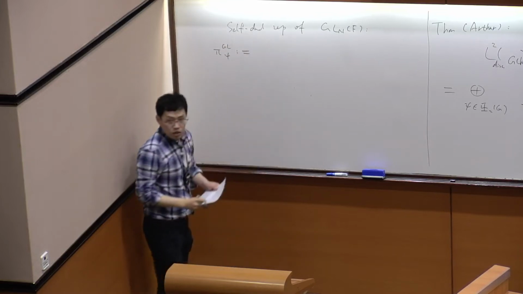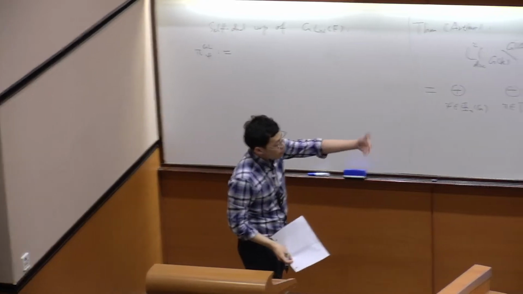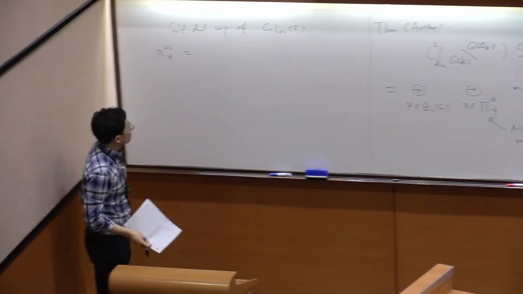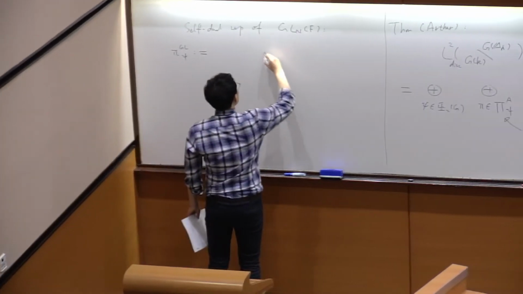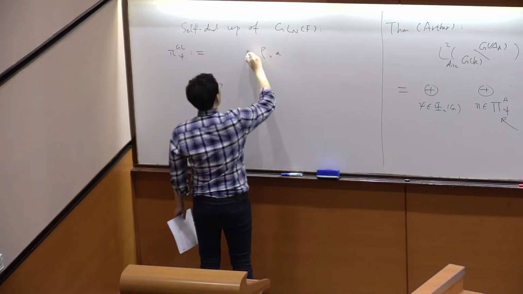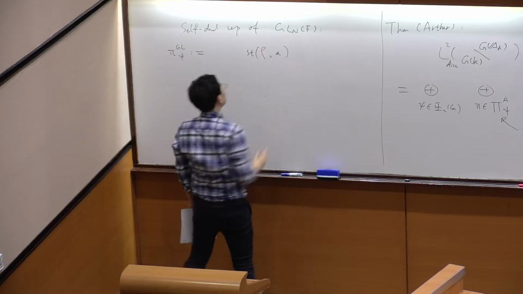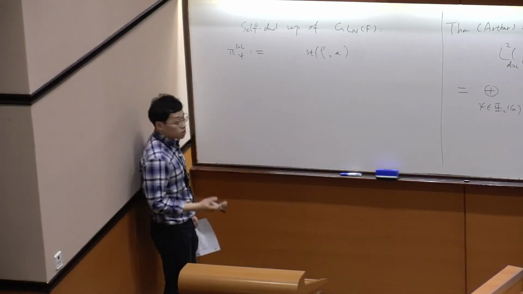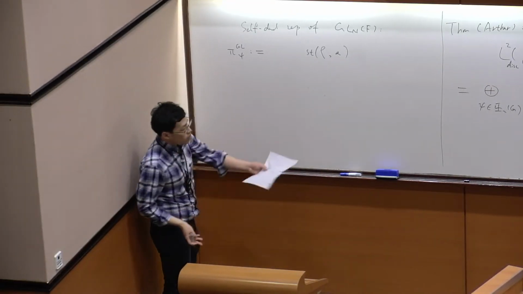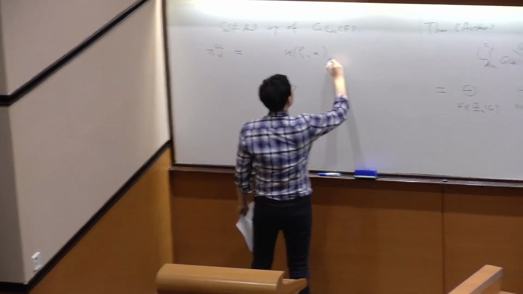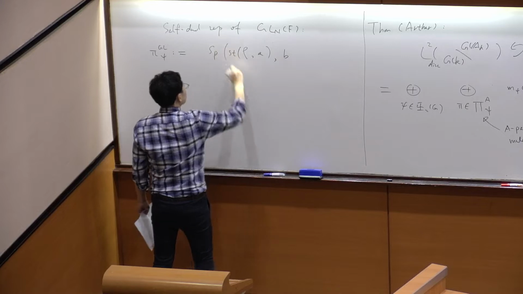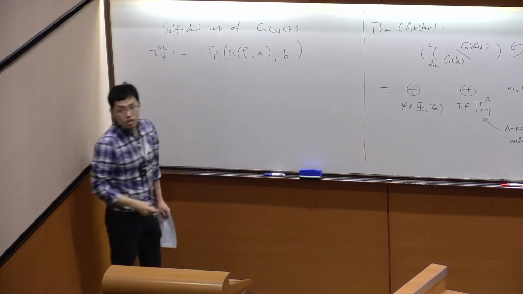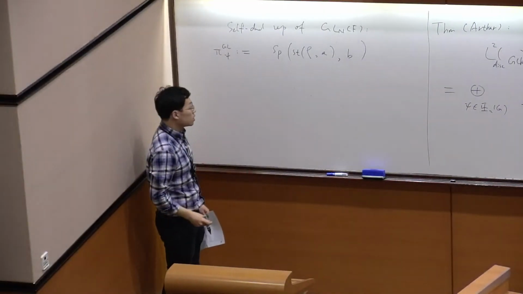So what do we have? We have a rho and we have A, B. So how can we come up with a representation with this information? We take rho and we take A and we form the so-called Steinberg representation. That's a representation of some general linear group. And then we have another piece of information B. So we use B and this representation to form the Speh representation. And again, this is a representation of some general linear group.